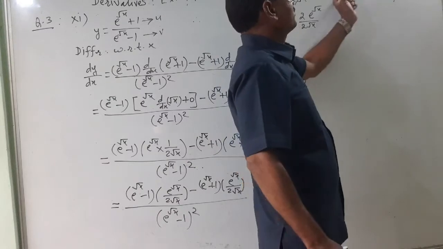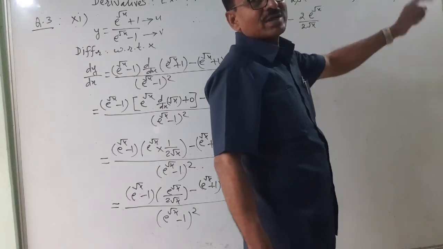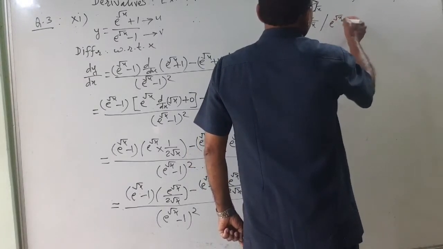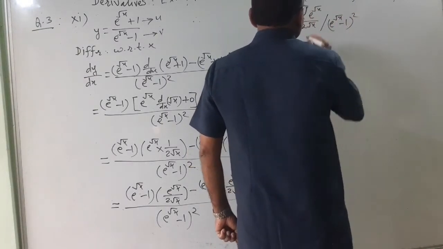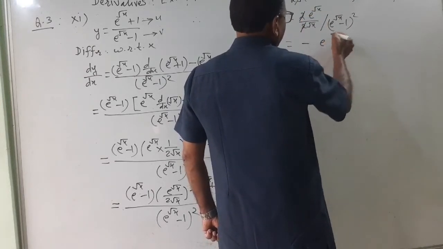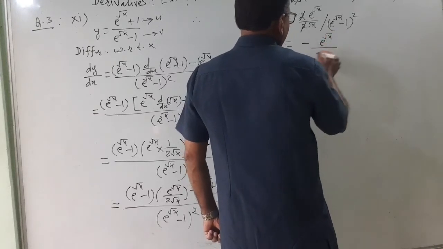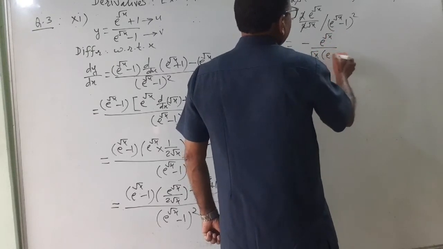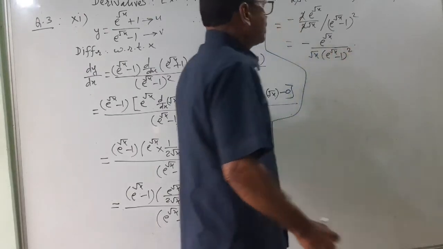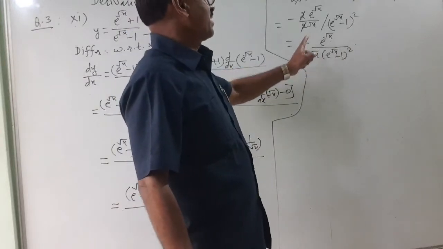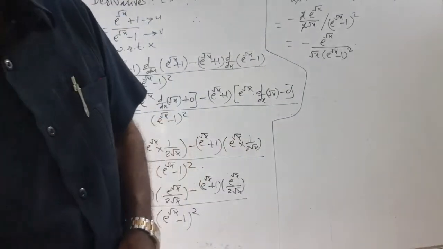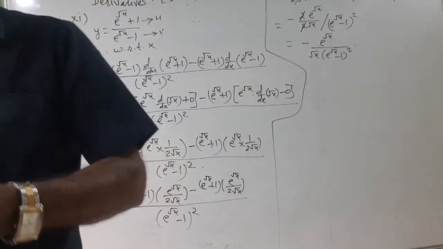Same is added, only the negative terms are added, upon (e^√x − 1) whole square. So these two will get cancelled and the overall answer is e^√x upon root x into (e^√x − 1) square, with a negative sign. This negative sign can be here, here, here. That is not much difficult. So hope that you have understood this sum. This is a very, very important sum.